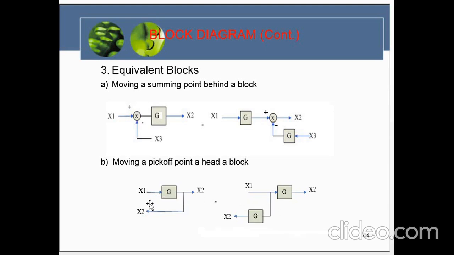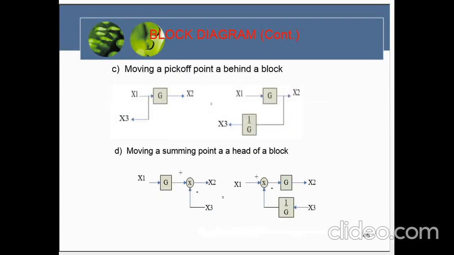We see here X2 is equal to X1 multiplied by G, and this output is also X1 multiplied by G after we move. We see the result X2 is equal to X1 G, and here also X1 G. It means our work is okay.